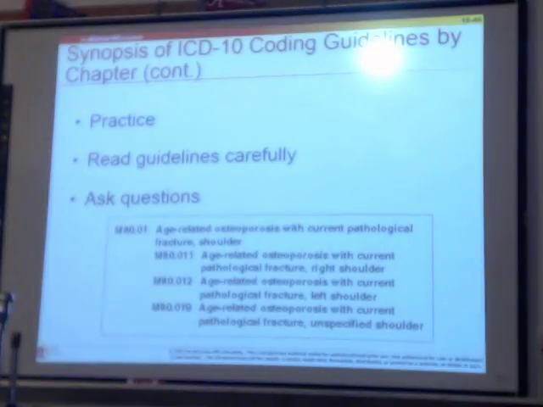Now, we want to be more specific if we know that it is the right shoulder or the left shoulder. But if we don't know which shoulder, then we have to put unspecified shoulder if the doctor didn't document it. So we can't just do the .01. We have to use one of those other codes. We have to ask questions, we have to clarify, and we have to put the correct information for coding.